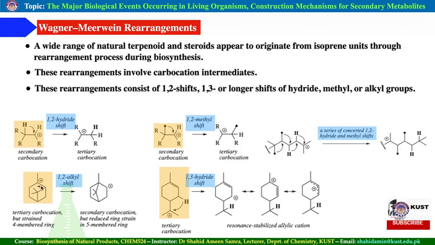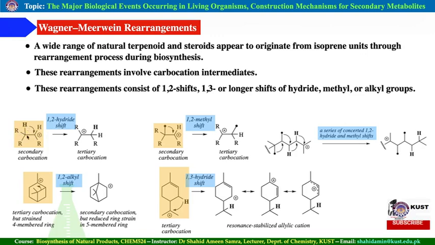Similarly, here the alkyl group will be transferred to this carbon, and this carbon ultimately will have a positive charge with the transformation of this structure. Similarly here, this hydrogen is transferred from here to this carbon, so this is another type of shift. If you look at the positions of these shifts, for example, here it's being shifted from 2 to 1. So this is known as a 1,2 shift.